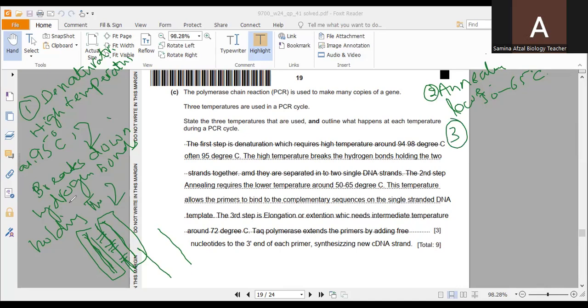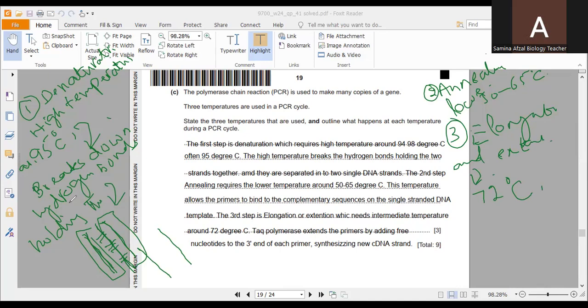So after this, the third part is elongation or extension, which needs an intermediate temperature, about 72 degrees centigrade. This is the optimal temperature for Taq polymerase, the heat-stable DNA polymerase used in PCR.